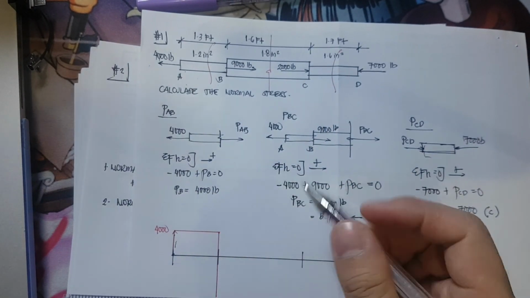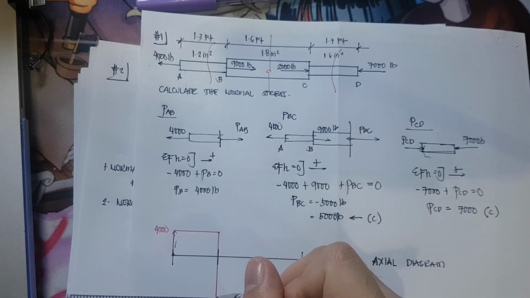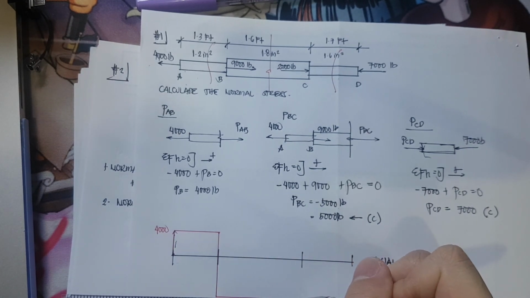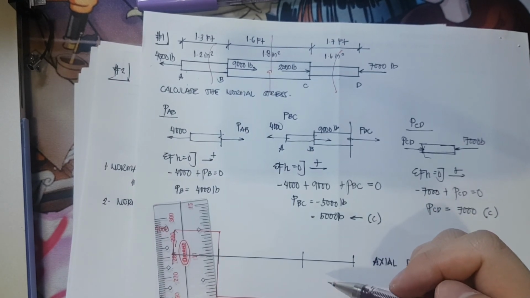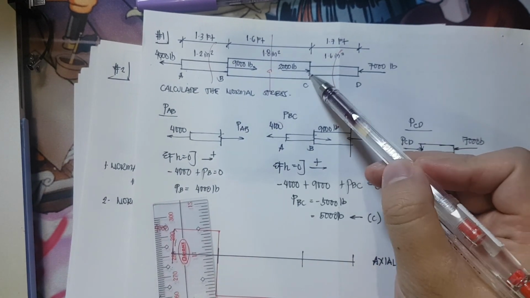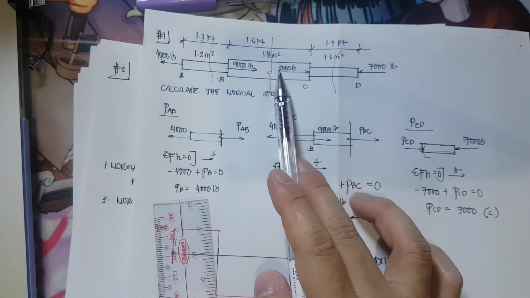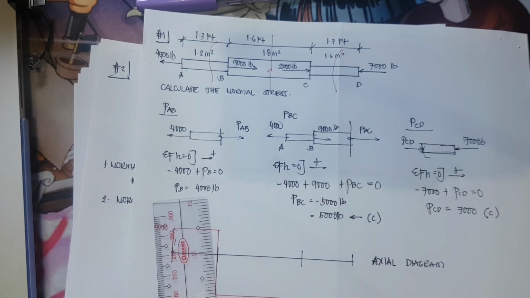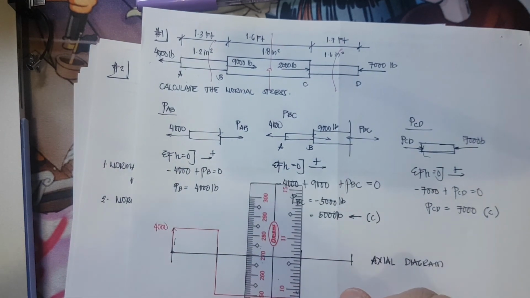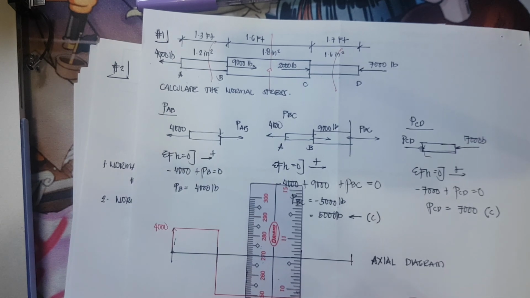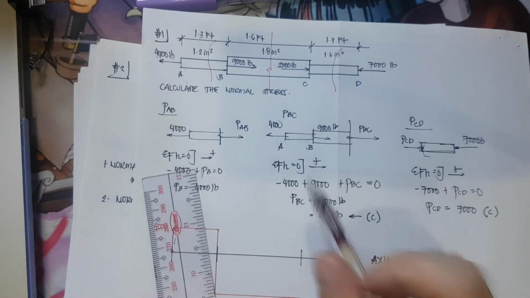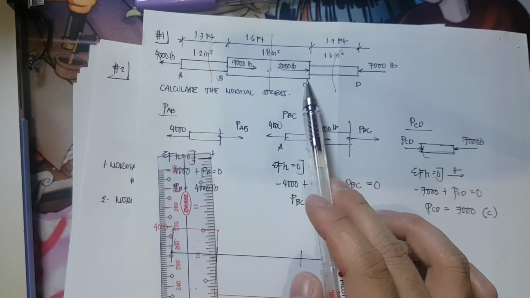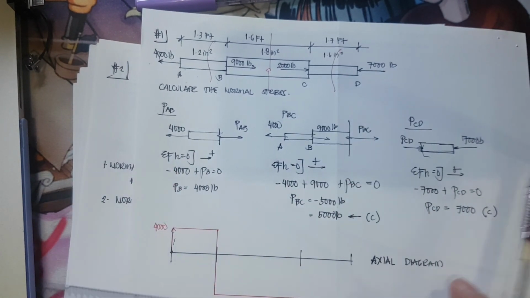So it will still be a straight line from point B to point C. Okay? Then, at point C, we have another compression, 2,000 pounds. So from negative 5,000 minus 2,000, this now will be negative 7,000. And again, there is no change in loading from point C to point D.